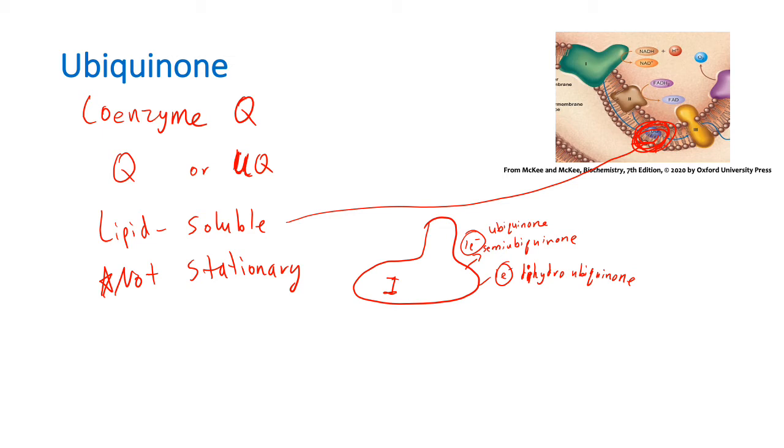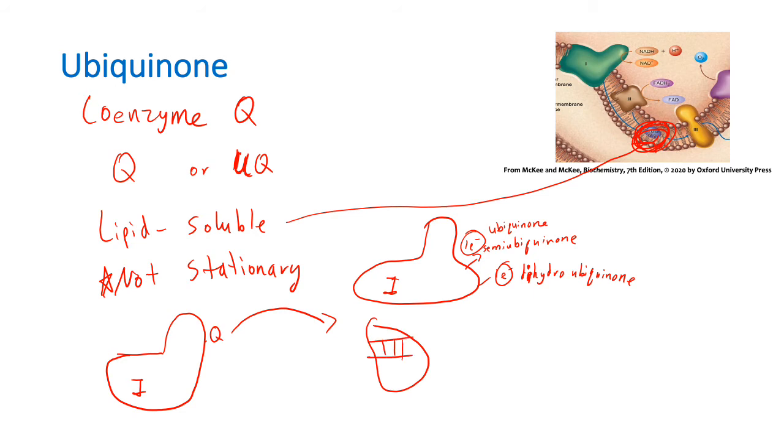It skips complex 2. Now, what you're going to see is that here's complex 1, and then the Q here will go straight to complex 3. But then you also have this complex 2, which we're going to talk about. It also has a Q associated with it, and this one's associated with FADH2.